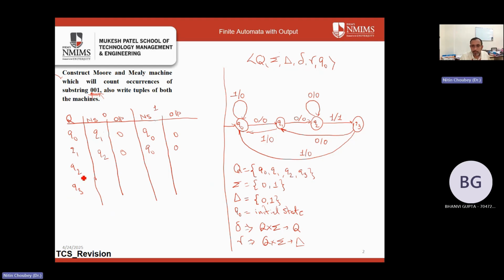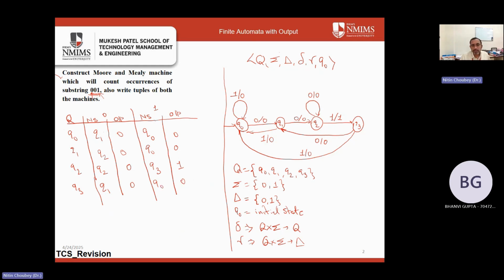Q2 on the input of 0 is Q2 with 0 output. Q2 on the input of 1 is Q3, and the output generated is 1. Q3 on the input of 0, we go to Q1, and the output generated is 0. Q3 on the input of 1, we have Q0 with output generated as 0.